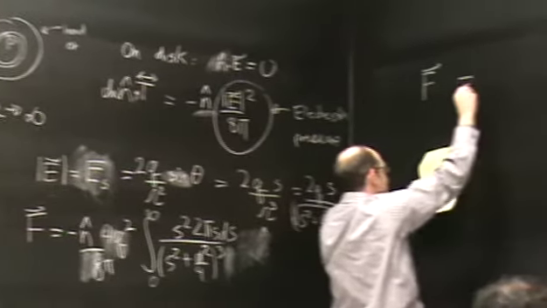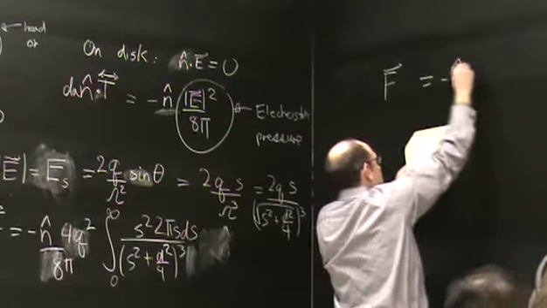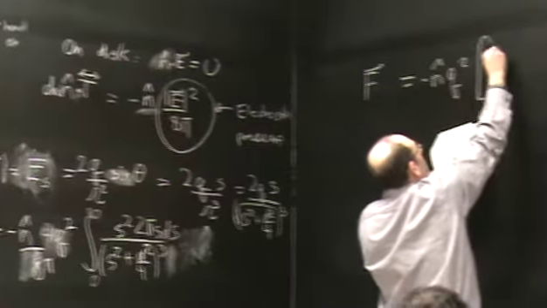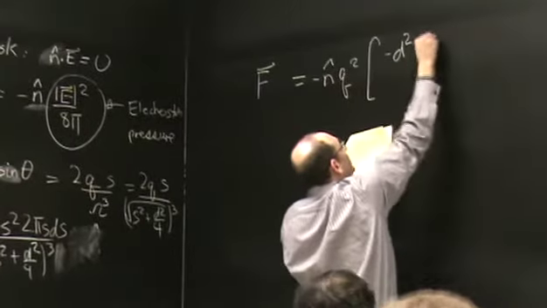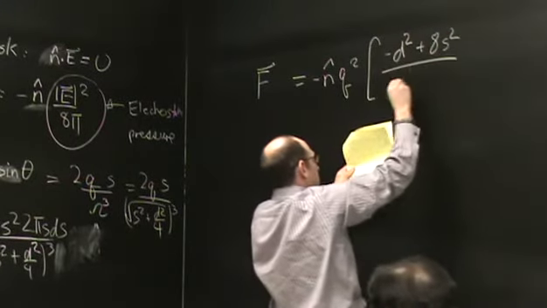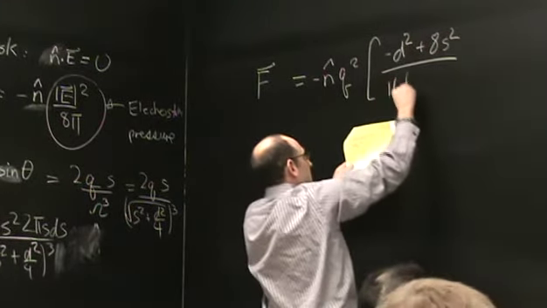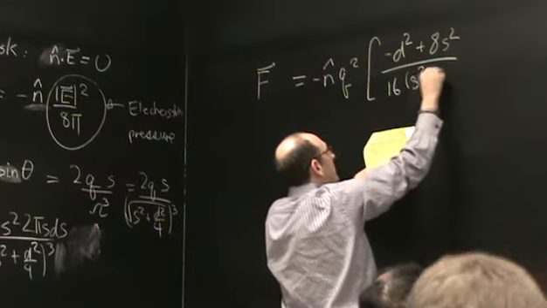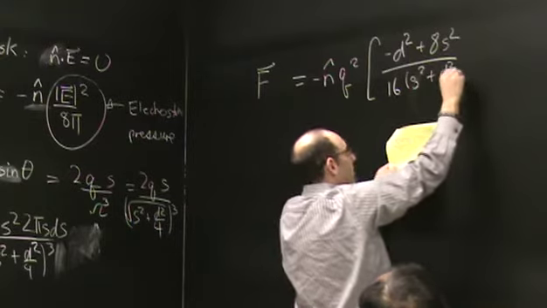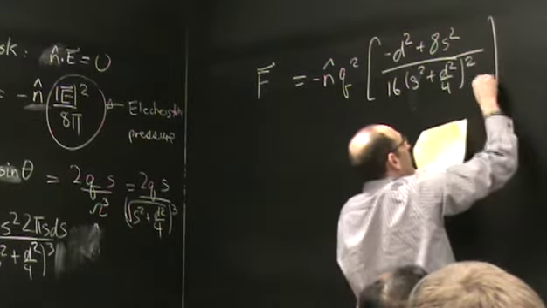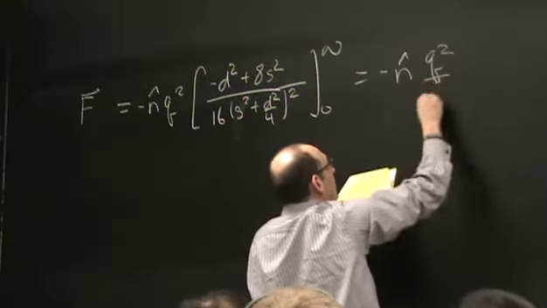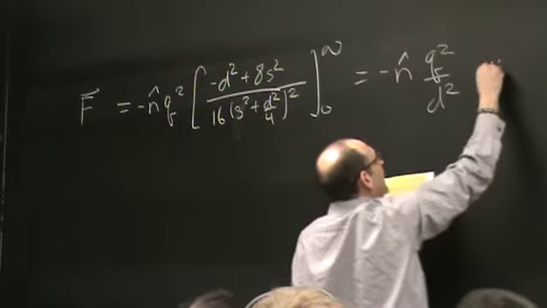F equals minus n hat q squared times (minus d squared plus 8s squared) over (16 s squared plus d squared over 4) squared, integrated from 0 to infinity, equals minus n hat q squared over d squared. Yay.